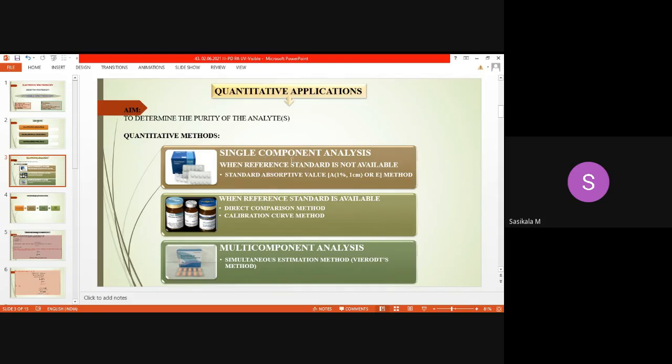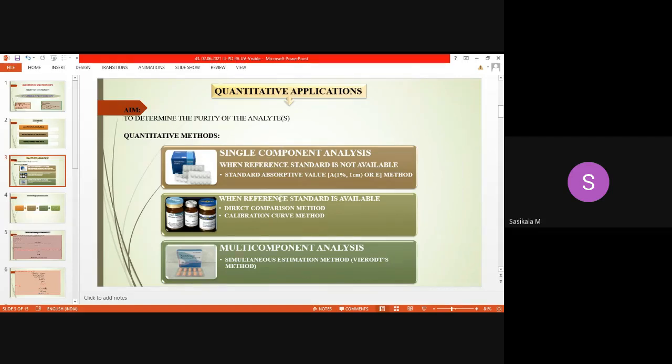Single component analysis can be performed by certain methods when a reference standard is not available. That means if you want to prepare a set of standard solutions but you don't have the active pharmaceutical ingredient separately, or bulk drug without formulation, that is called a reference standard, a 100% pure substance.